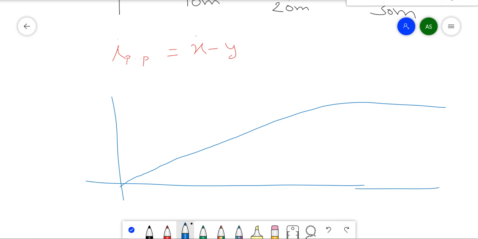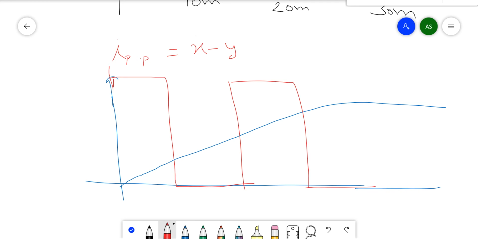Okay, now it is reaching the steady state and your voltage was, this was the voltage, applied voltage. Okay, so this is the DC component, and now if you plot the I naught t, the I naught t will be like this.